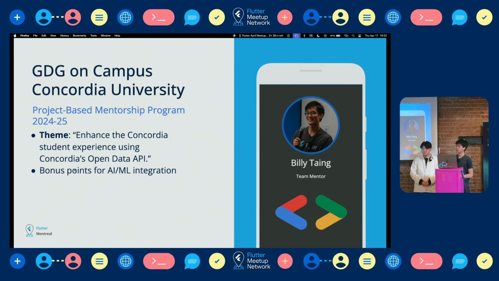They also said we would get bonus points if we added AI/ML integration. And like in the name, it's project-based, but also a mentorship program. Our team mentor, Billy, over here, is also one of the reasons we're presenting here today.